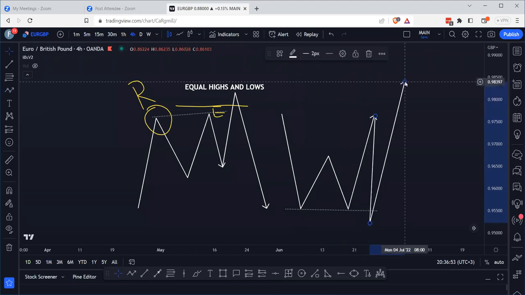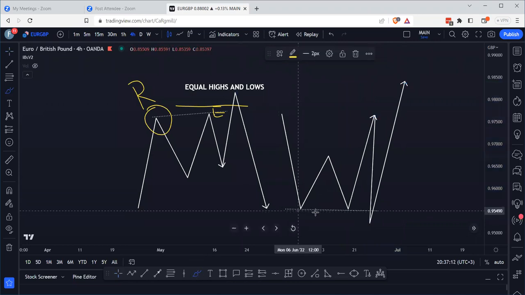So what you want to do as a trader that understands liquidity is that before you take entry for a buy or for a sell at any level, you want to wait for liquidity to be grabbed first.